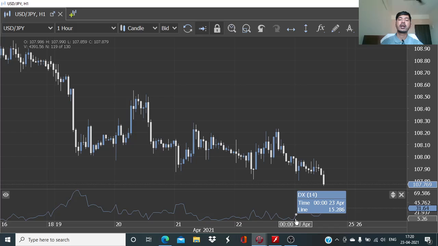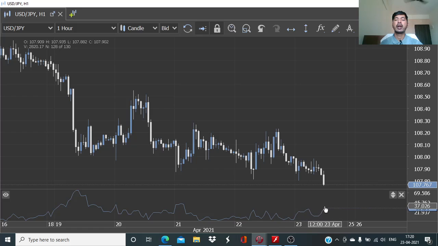But apart from that, the basic logic is fairly similar. Whenever we have the value above 25, that is indicative of the fact that the trend is picking up, and it doesn't matter whether it is bullish or bearish. On both sides, the trades can be initiated provided the trading is happening on the side of the trend, and for that you will mostly have to rely on other indicators or simply the historical candles to see on which side the trend is.